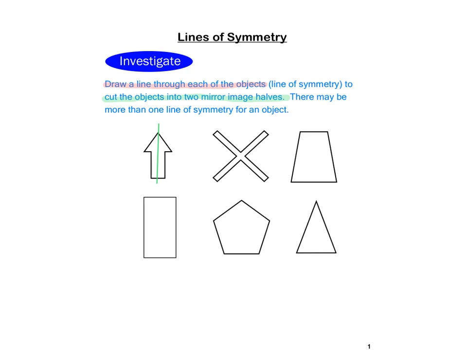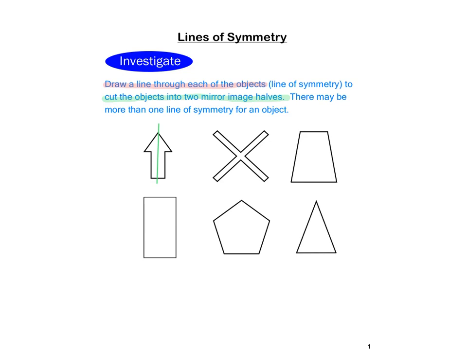So that arrow has a line of symmetry. Now the question that we should ask ourselves is, does it have more than one line of symmetry? In other words, can I do that somewhere else on the arrow? And the answer to that question is no. The only line of symmetry that works is the one that we drew.